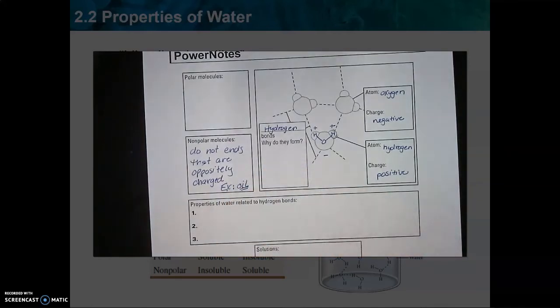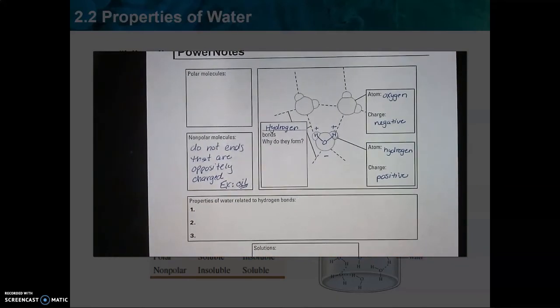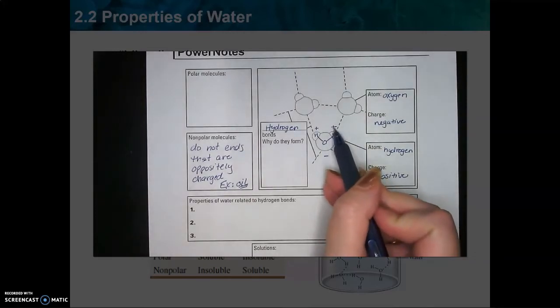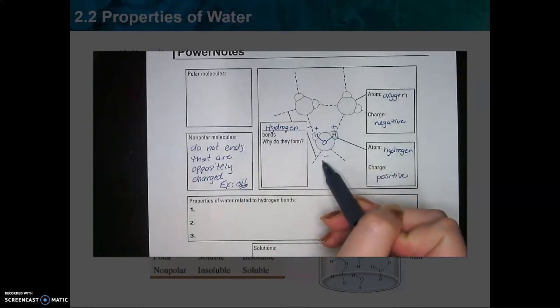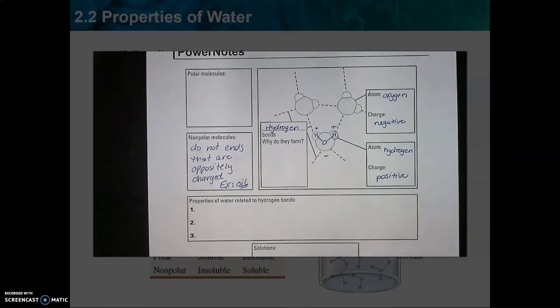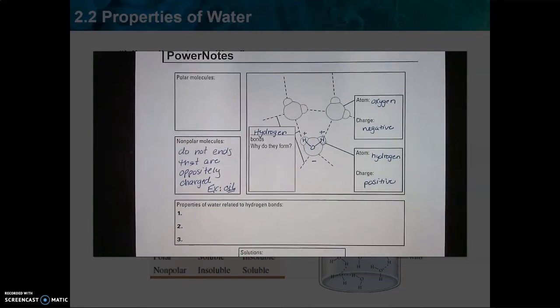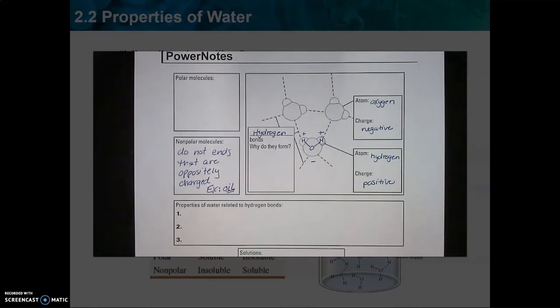Oil, like olive oil that you might have in a salad dressing, is going to be a great example of a nonpolar molecule. If we were to look at the molecule of oil, we would not see positive on one side and negative on the other side like we do for water. It would be completely neutral throughout because it has completely equal sharing of electrons all the way throughout that molecule.